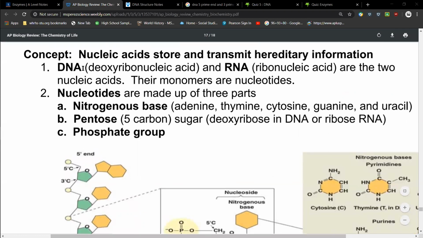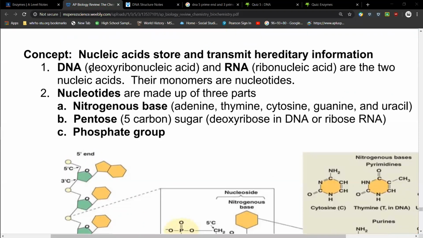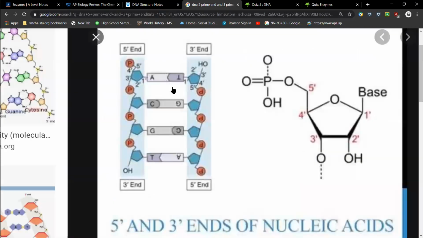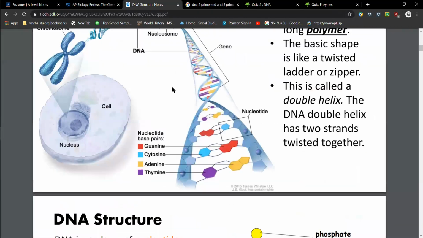So look here, DNA, deoxyribonucleic acid. The sugar is this part, deoxyribo, and the second part comes from the fact that it's a nucleic acid. And then here, the sugar is ribose, and it's a nucleic acid. That's how we got the name deoxyribonucleic acid.